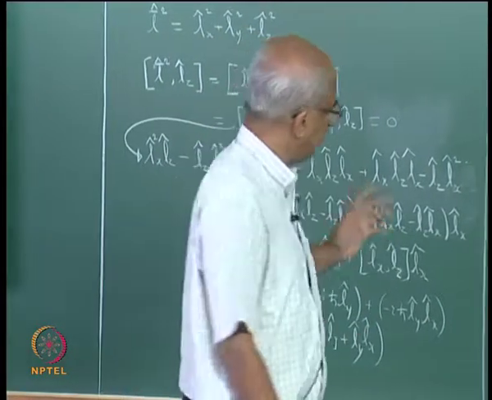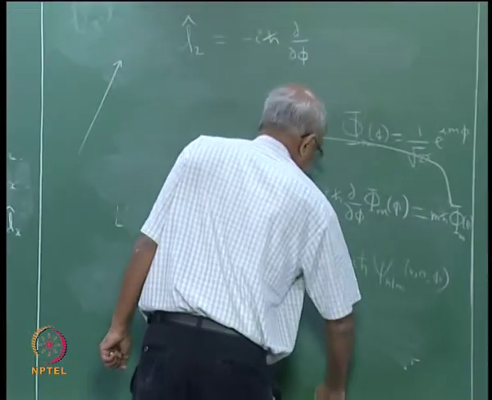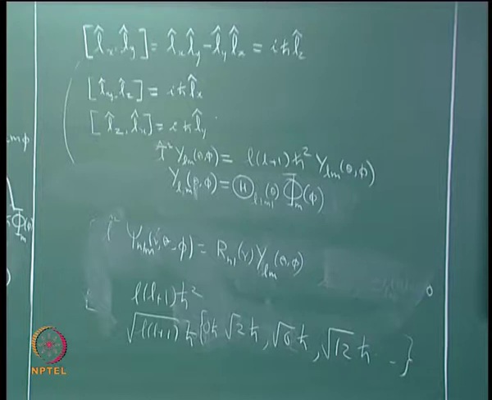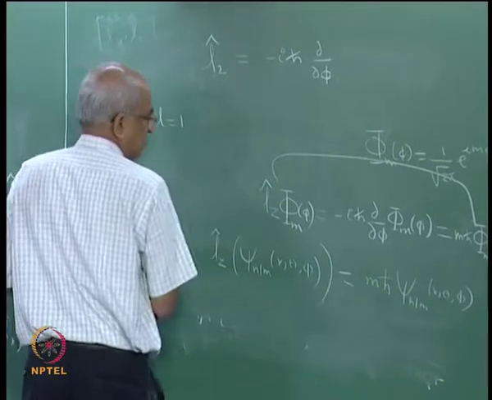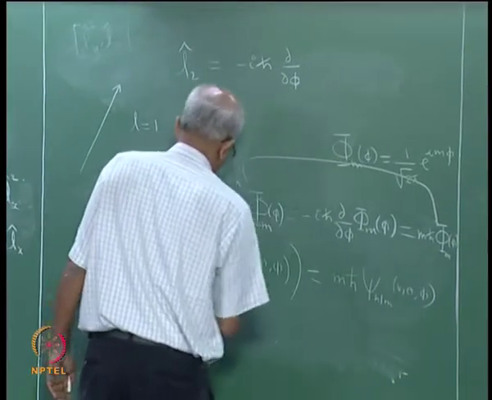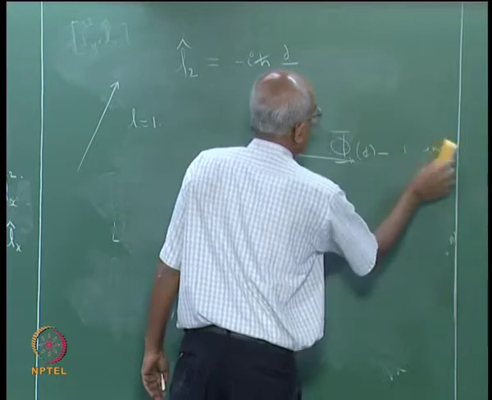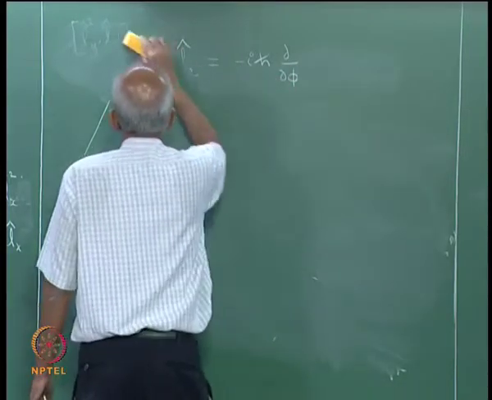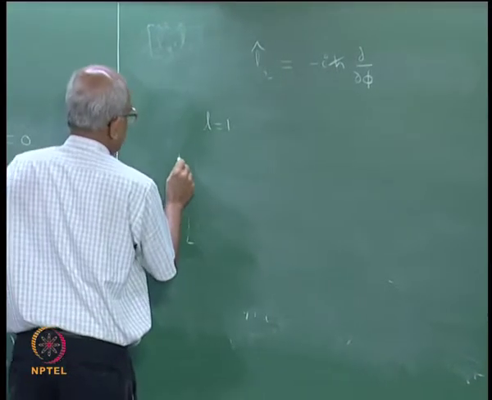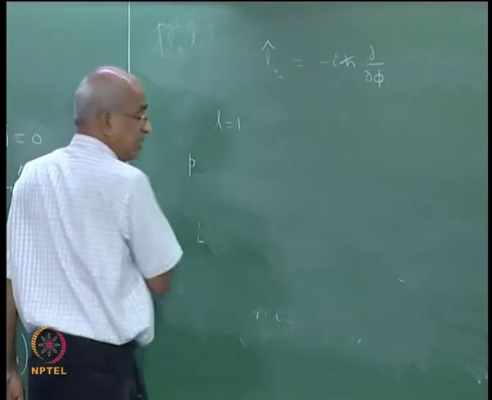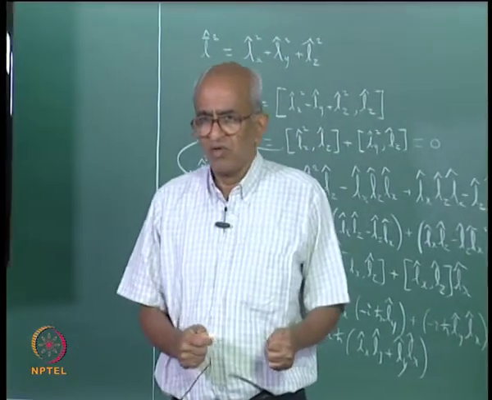So, let us look at a specific example. Let us say that I have L equal to 1. If L is equal to 1, actually I am thinking of a state that we will normally refer to as P. It is the p orbital that we are thinking of.